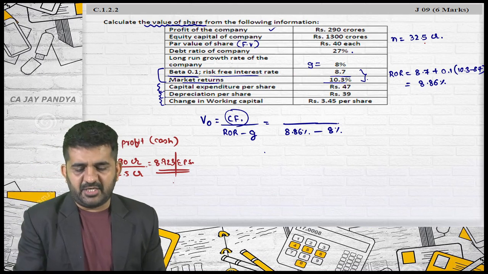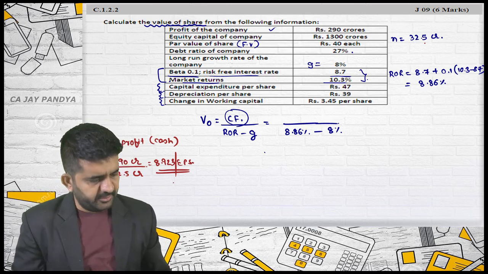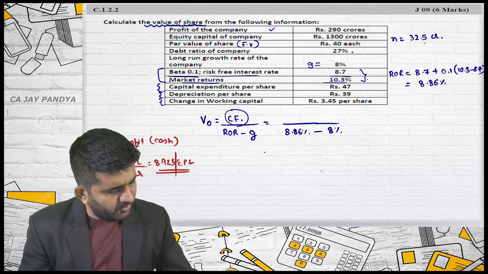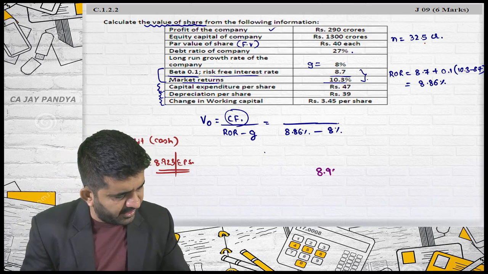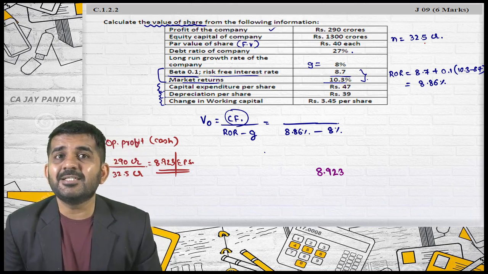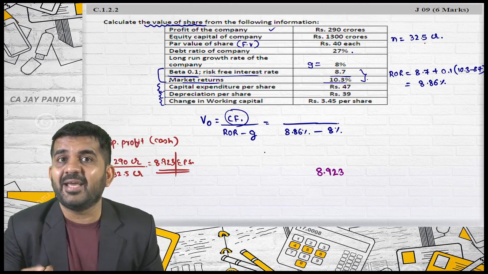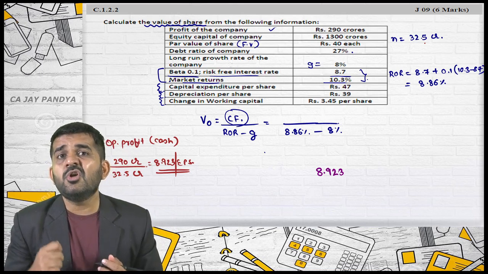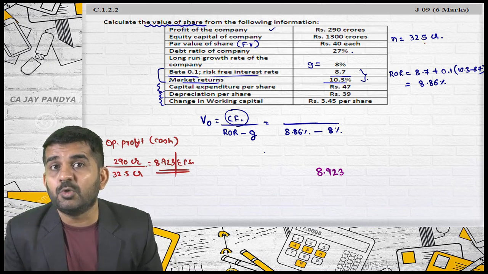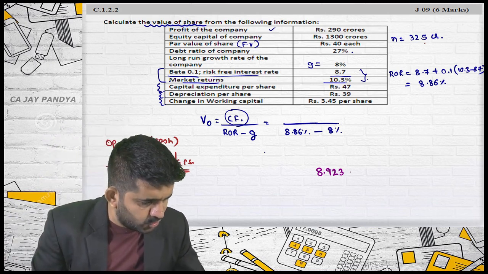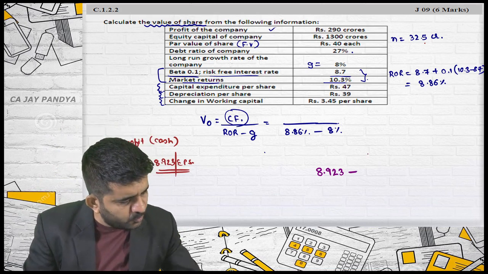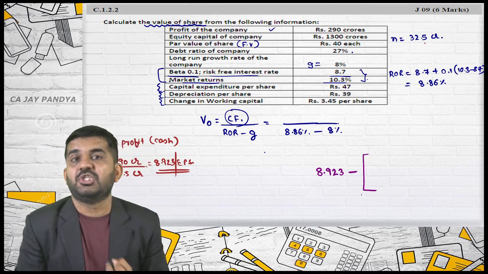Please try to understand. Now I am trying to find out the cash flow. For finding out cash flows, my earning is 8.923 rupees per share. But this considers only the operating expenses. It does not consider the capital expenditure, which I need to take into consideration. So my income or cash flow will be reduced by some capital expenditure.